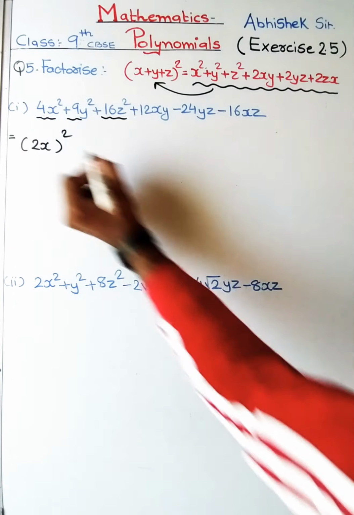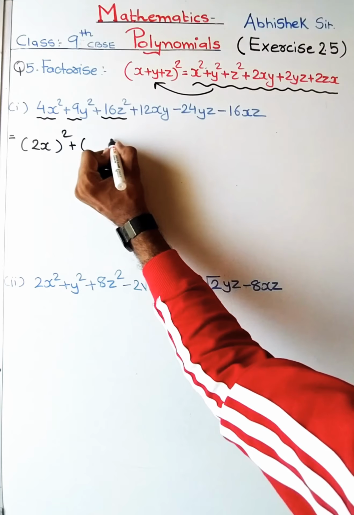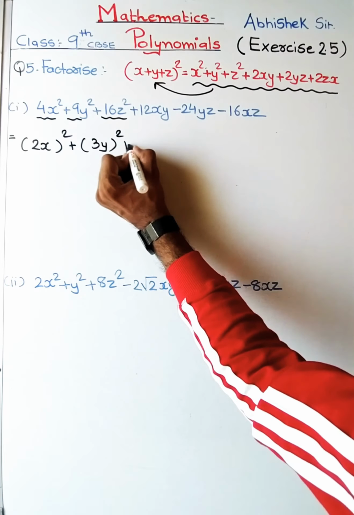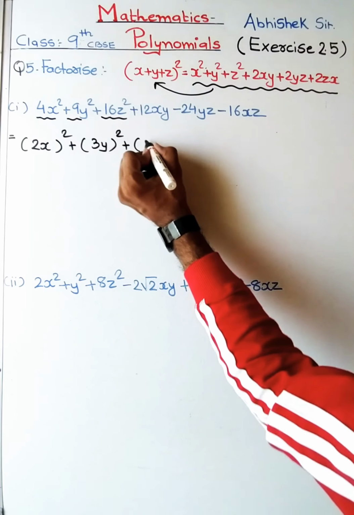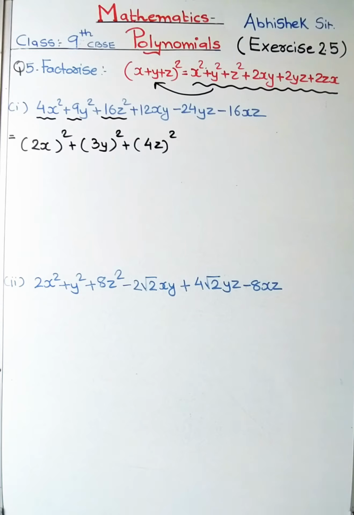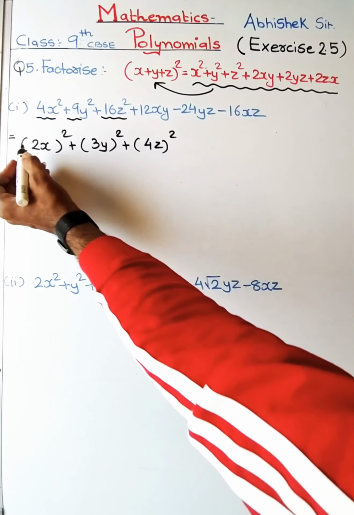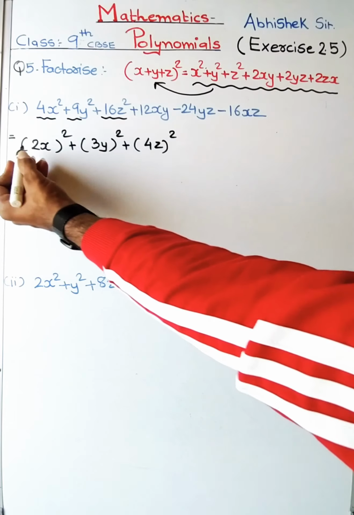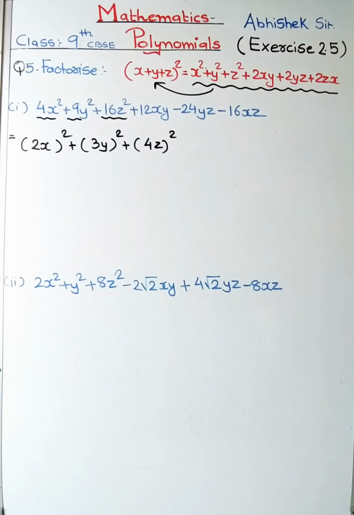Clear? Plus 9y square can be written as (3y) whole square, and finally 16z square can be written as (4z) whole square. Clear? Now if you have seen carefully, I have written them into big brackets, so I have left a space in case there are any negative numbers.